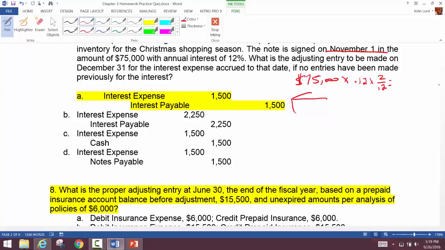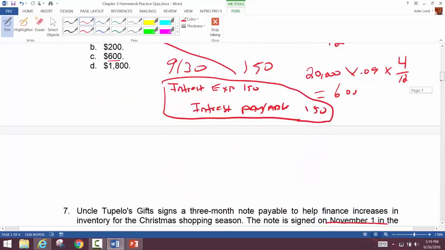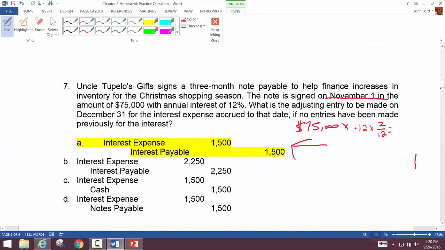So let's say I don't pay any of this interest till this note is completely done. So I hold the note for 12 months. Did they say how long the note was? Okay, good. So we'll just make it for a year then. So I hold that note for 12 months.